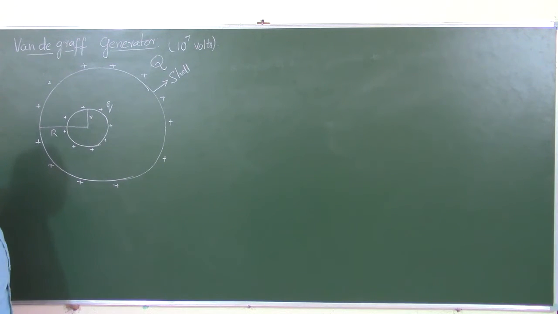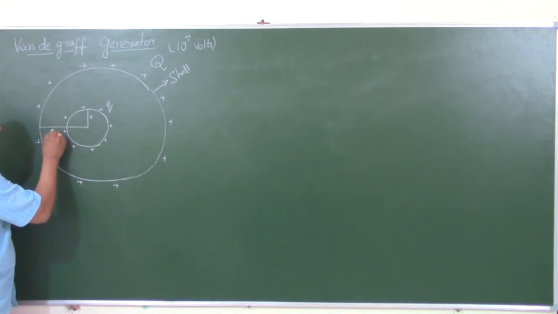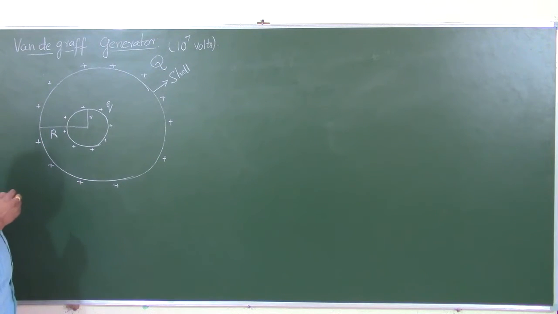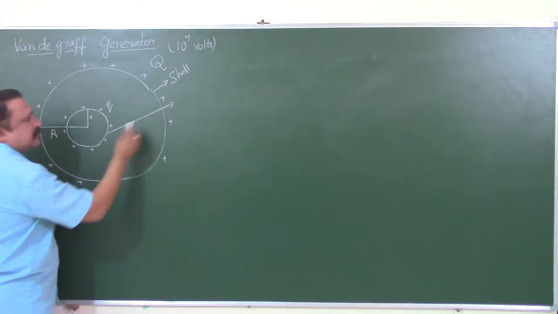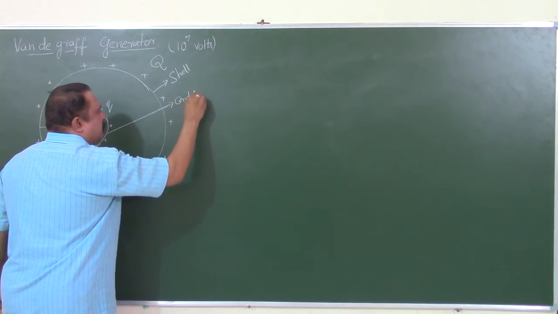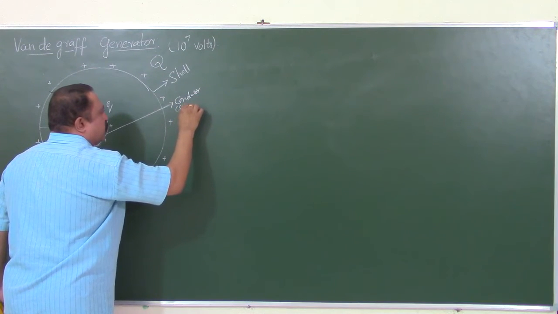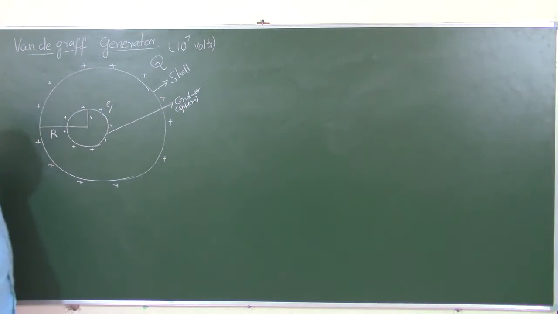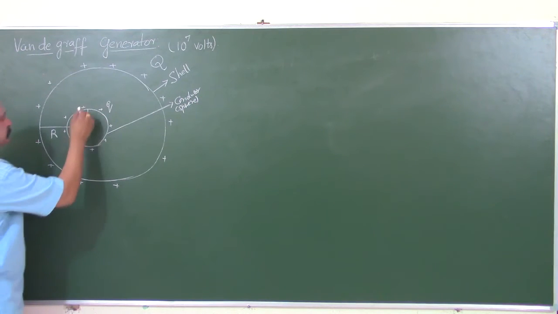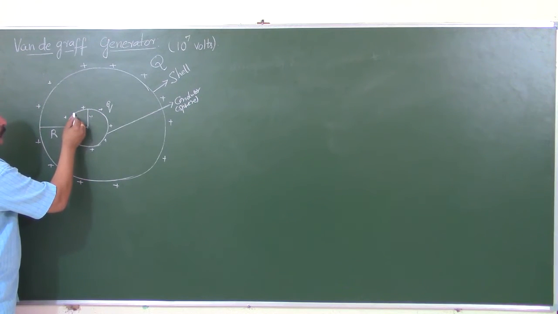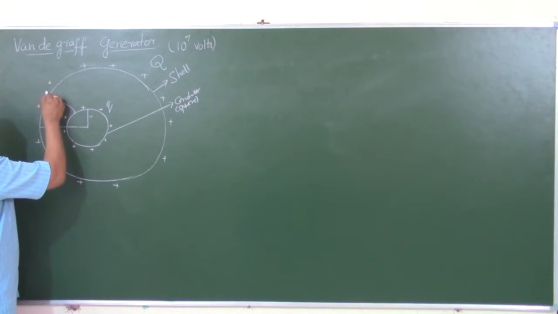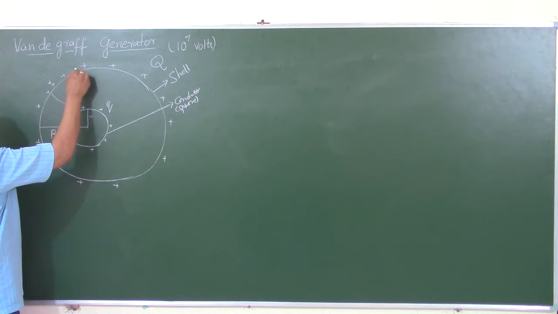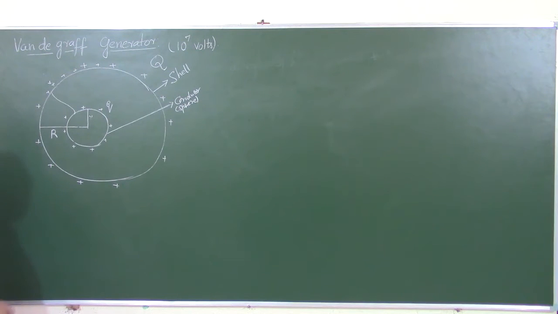Now let us talk about different electric potentials at different points in this diagram. This is the conductor, which in this case we can also call a sphere because we have taken a spherical shaped conductor. There is a wire connecting the conductor to the shell so that charges will flow and have an opportunity to reside on the surface of the conductor.